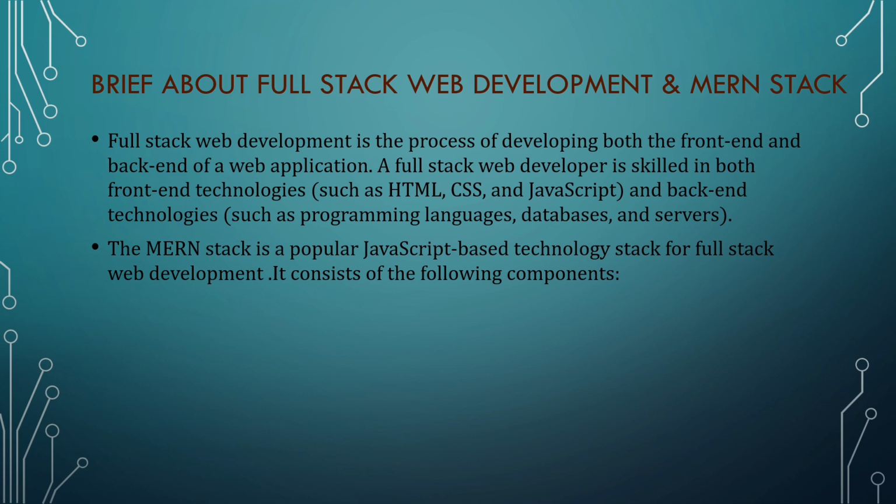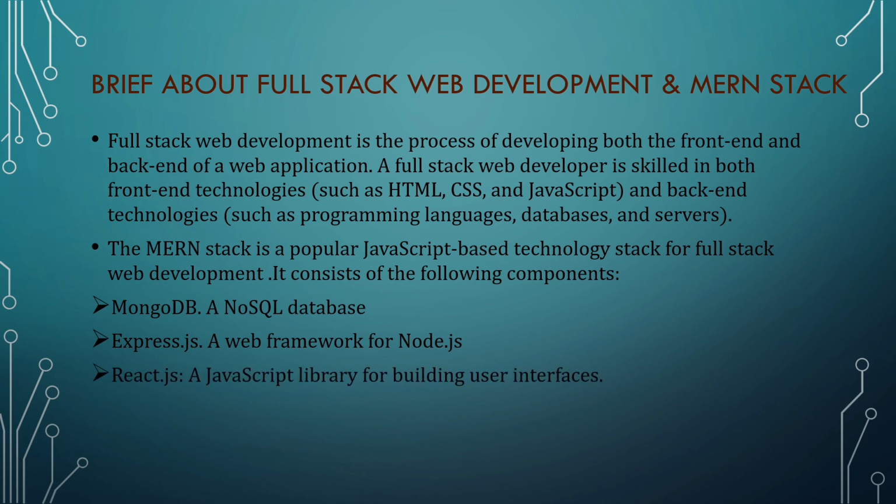The MERN stack is a popular JavaScript based technology for full stack web development. It consists of the following components: MongoDB, a NoSQL database; Express.js, a web framework for Node.js; React.js, a JavaScript library for building user interfaces; and Node.js, a JavaScript runtime environment.